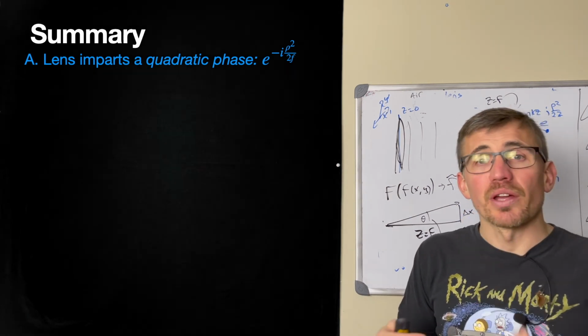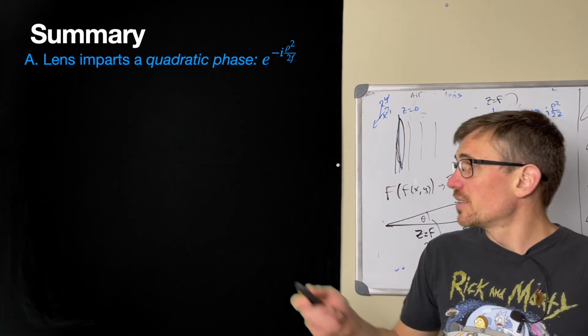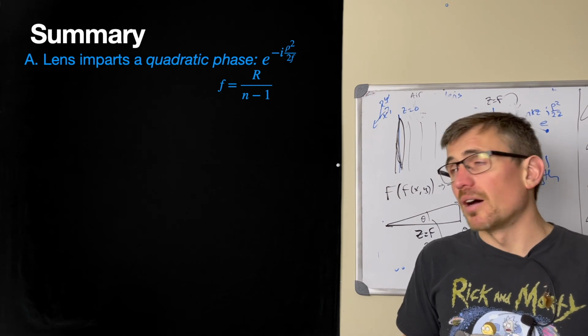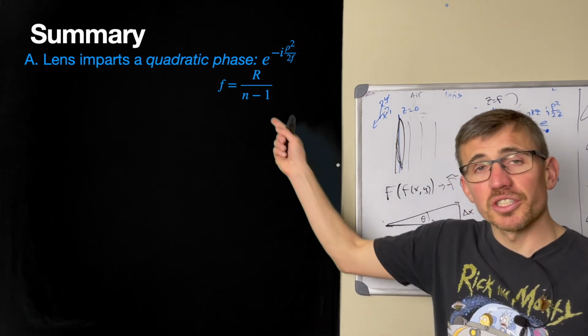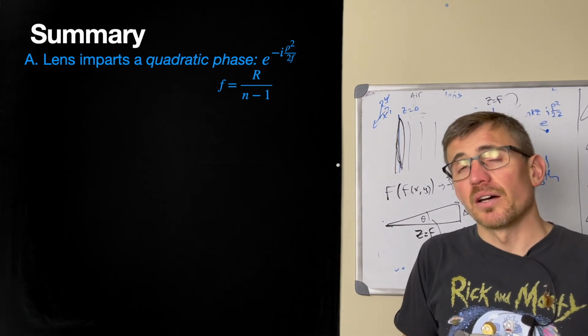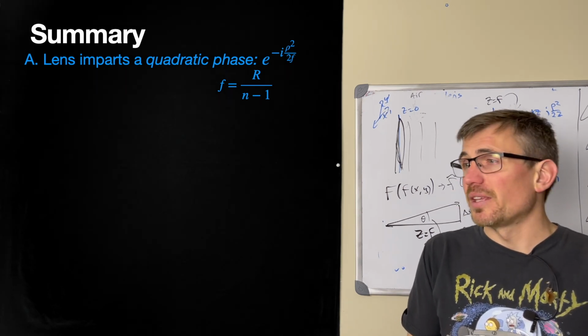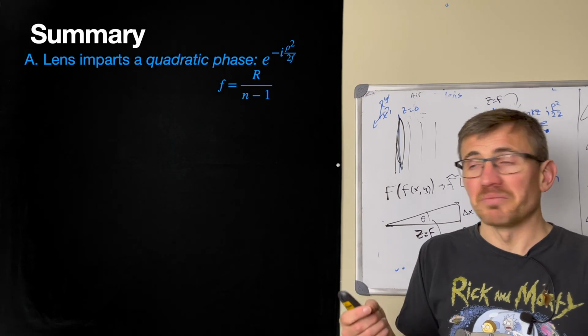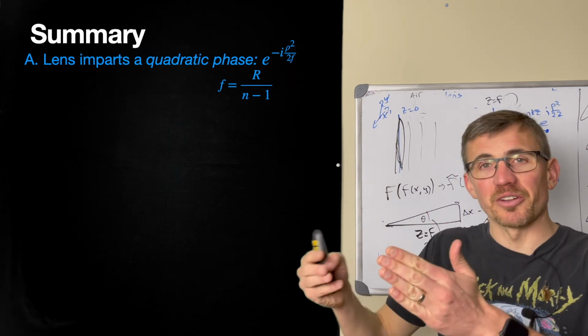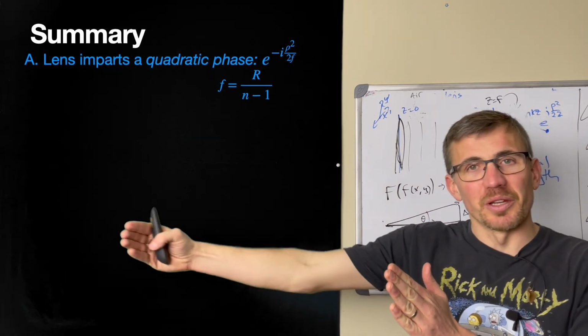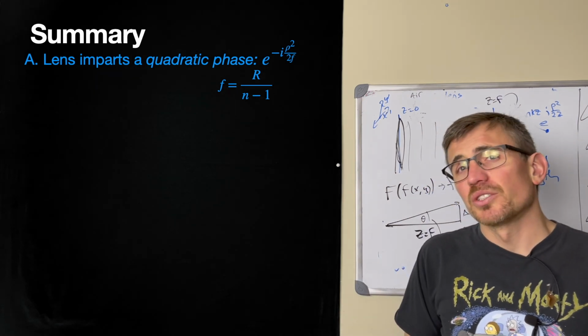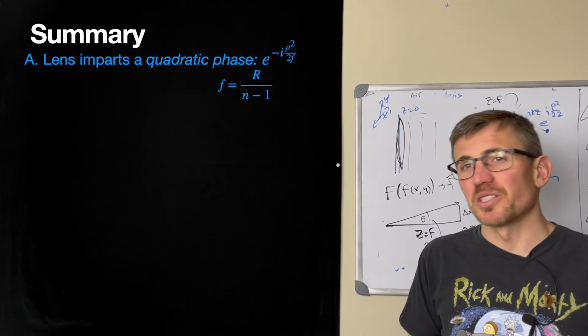So it gives you this quadratic phase imprint. It maps plane waves onto spherical waves with this so-called focal length, which is just the radius of curvature divided by n minus 1. So if n is equal to 1, the focal length is infinity. That kind of makes sense, right? If you go from air to air, it doesn't do any focusing, right?